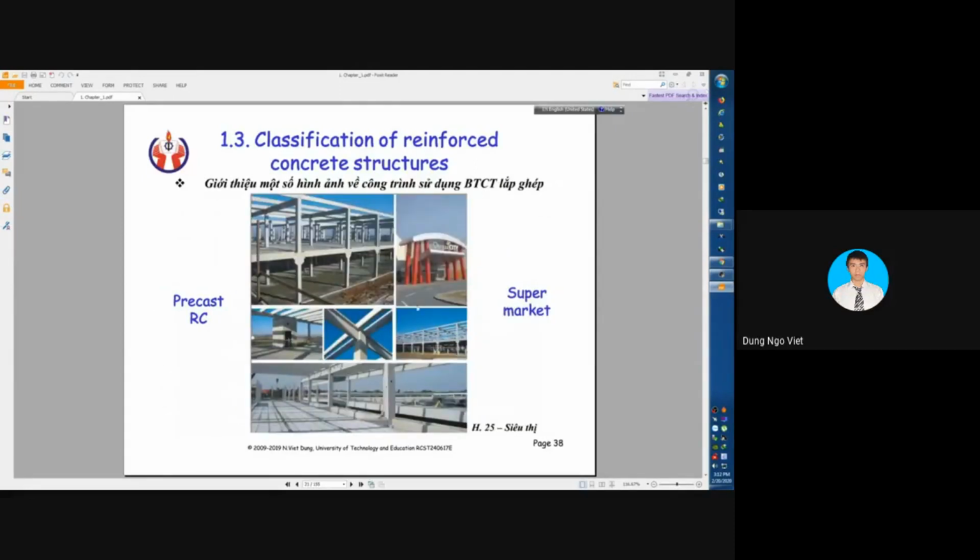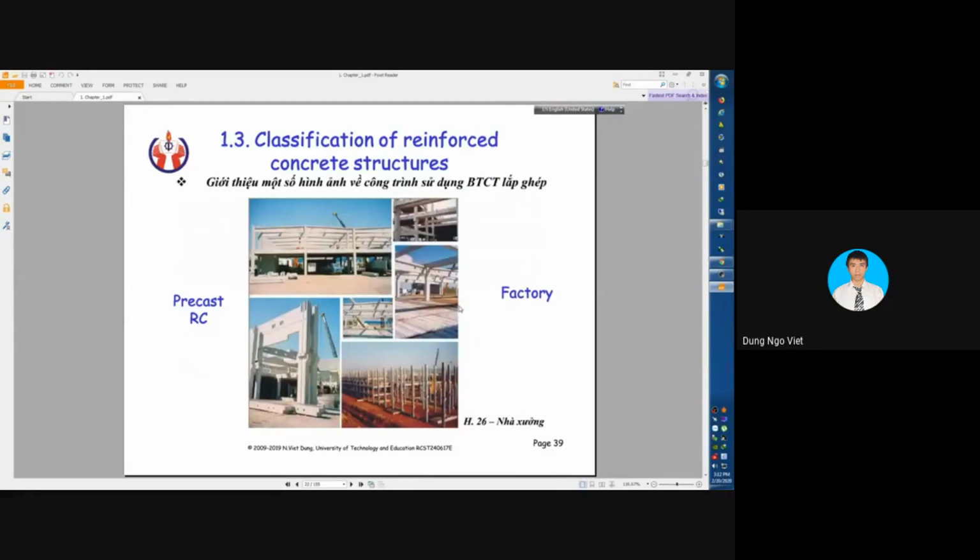And here they use precast reinforced concrete to construct a supermarket or a factory.